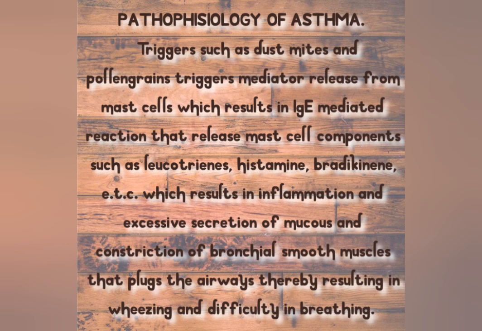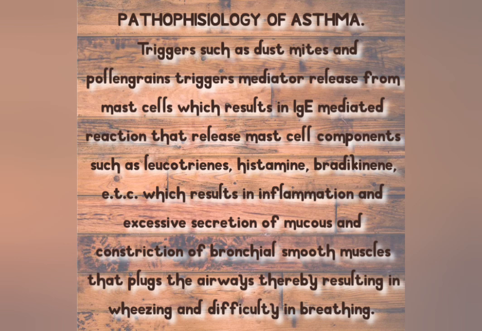Allergens that trigger asthma, such as dust mites, cause immunoglobulin E production, and other non-allergic factors such as viral infection and irritants cause epithelial damage and mucosal inflammation. Exercise, which causes water and heat loss from the airways, triggers mediator release from the mast cell, therefore causing an immunoglobulin E mediated reaction from the mast cells, which results in the release of mast cell components.